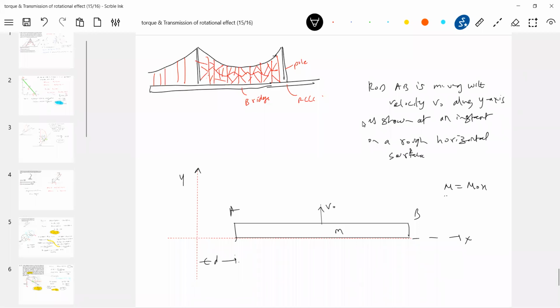So the xy plane is the horizontal surface. Not this one. The xy plane is the horizontal surface. Now how mg will act into the plane. And now the rough horizontal surface where mu varies as mu naught x here.